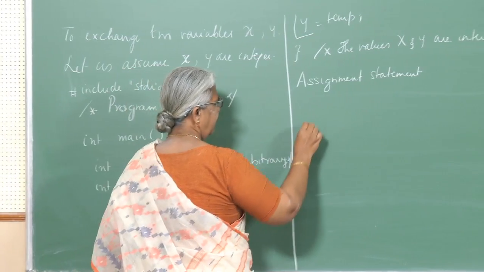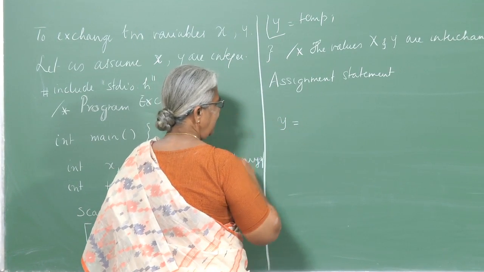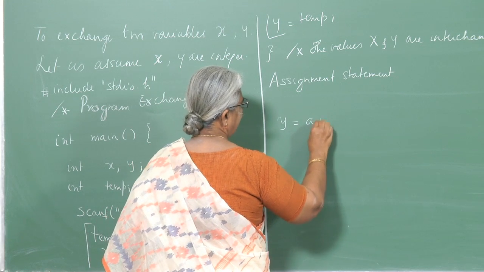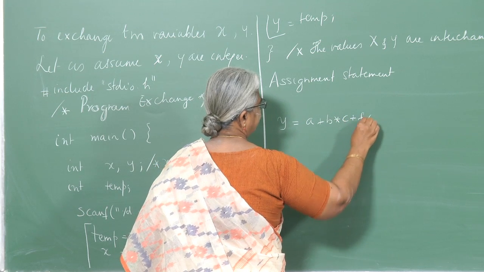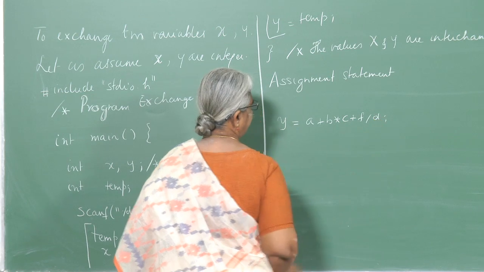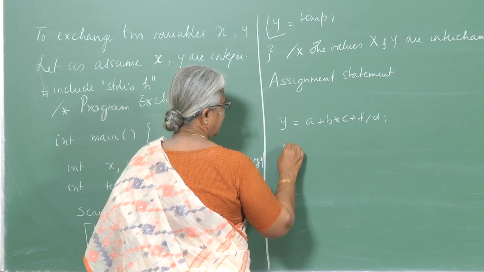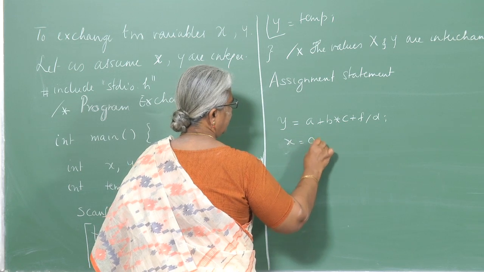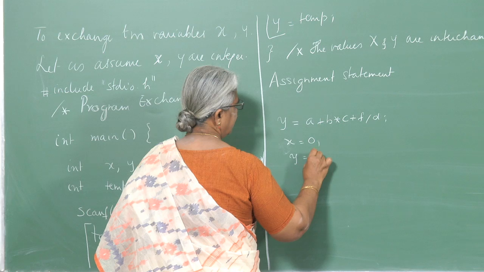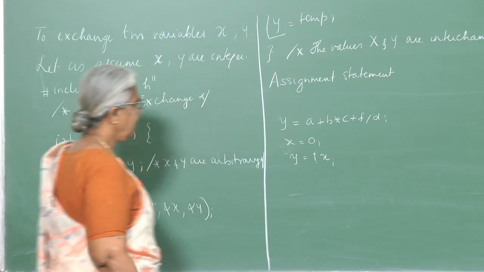In general, it is a variable on the left hand side of the equal sign in C, and on the right hand side it can have an expression. This is an arithmetic expression. I can also write, suppose x equal to 0, y is equal to not x, then it becomes a Boolean expression.